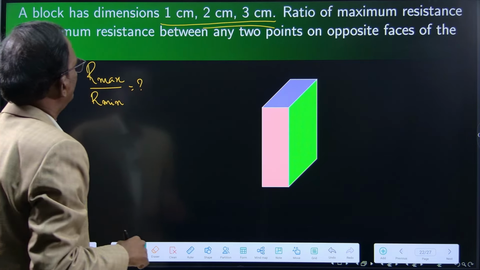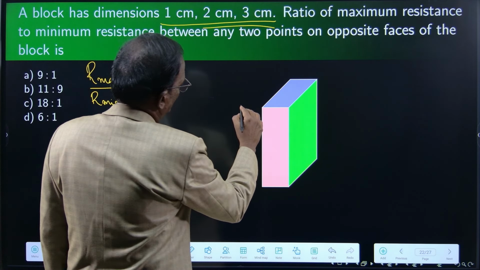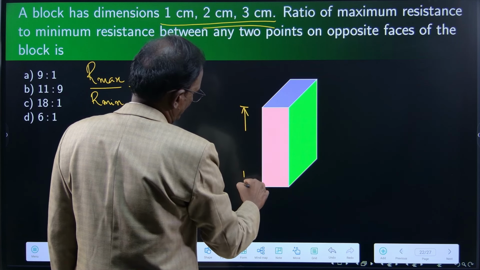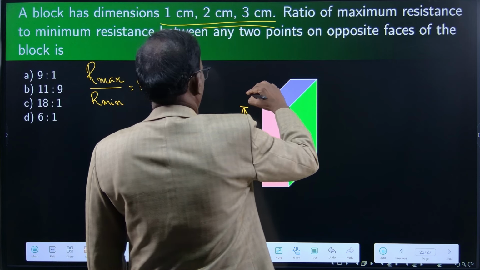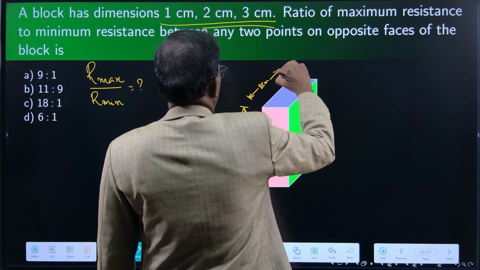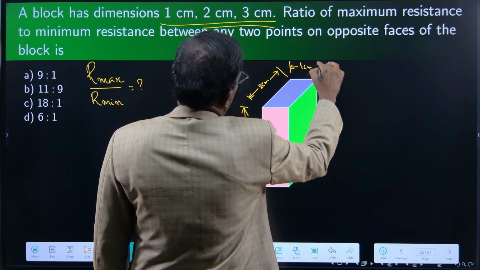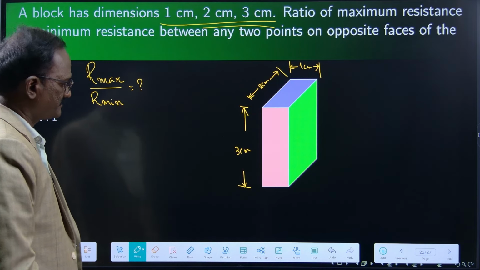The dimensions are given 1 centimeter, 2 centimeter and 3 centimeter. So definitely this will be 3 centimeter. This should be 2 centimeter and 1 centimeter this side. Okay.